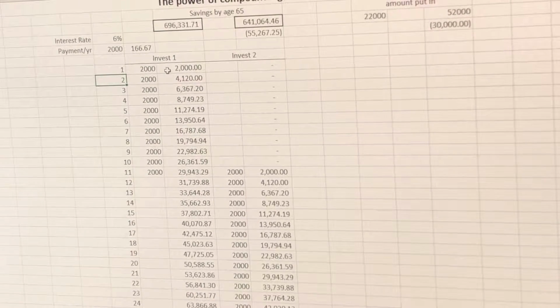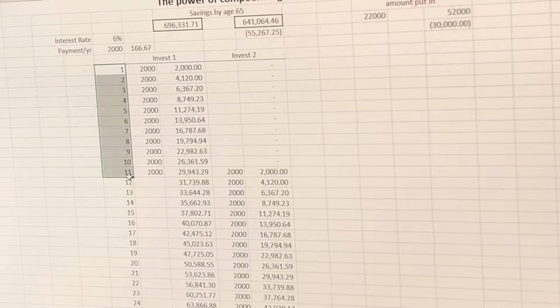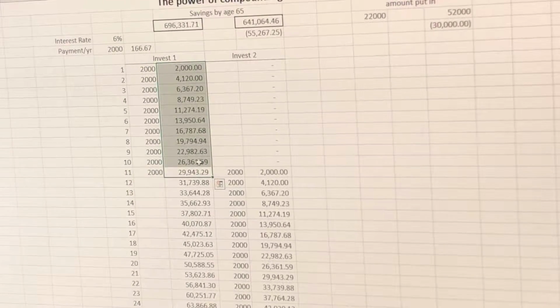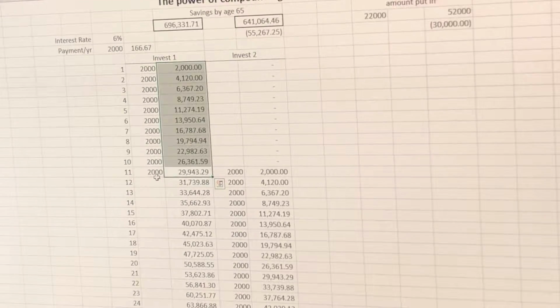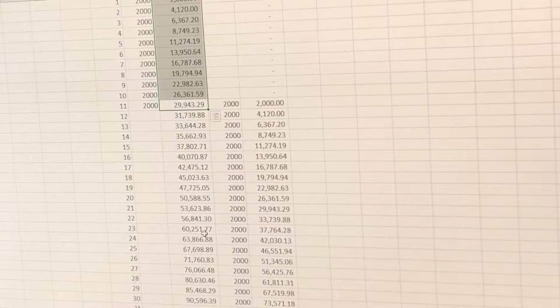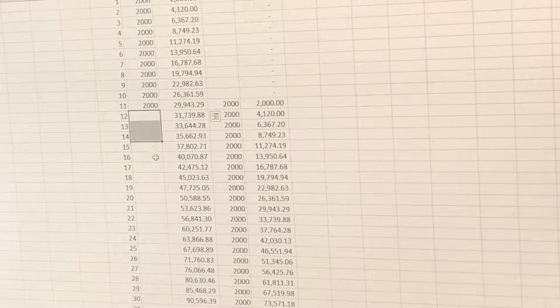And you see, age 1 to 11, again, by the time they're 11 years old, you could have $29,000. You let that money sit in there. Again, you're not adding any more.